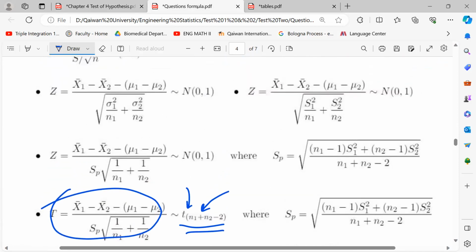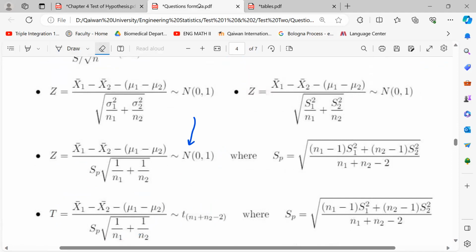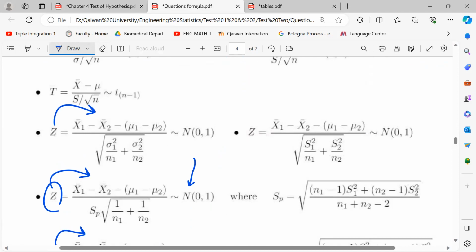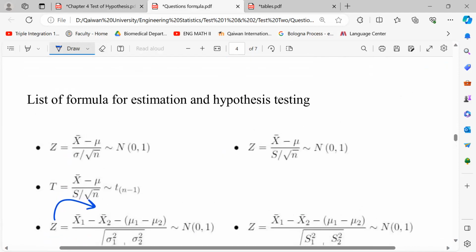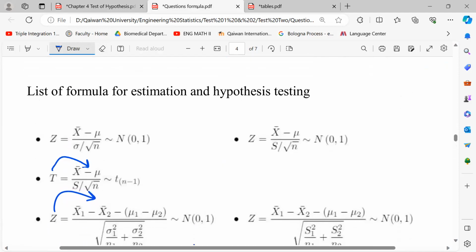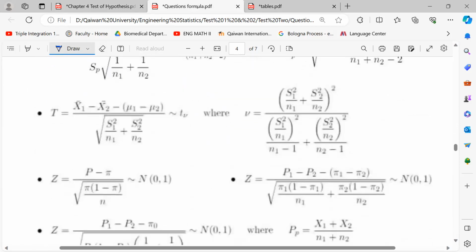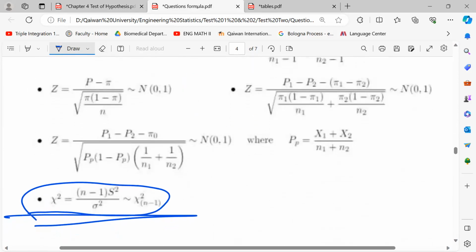Even here, it says t is equal to this one. So it's t-test. Z equals to this one. Here we use z-test. Here, for step 4, we use Z table. Even here, we use Z table. And then for this one, we use T table. So for the last one, we use chi-square table.